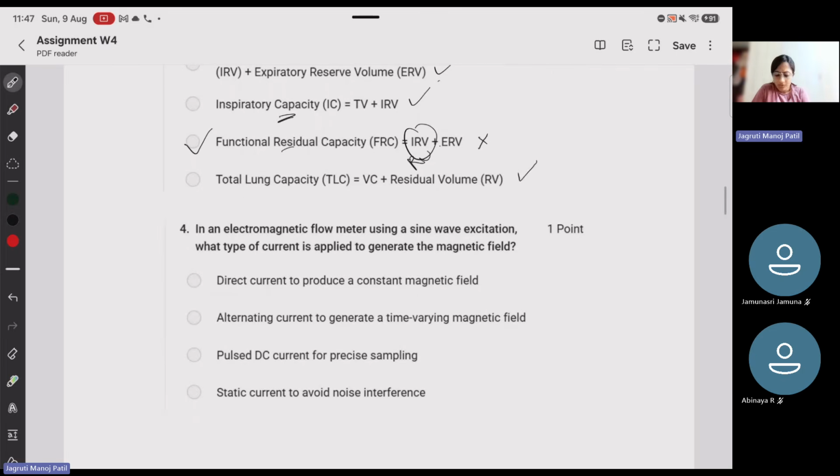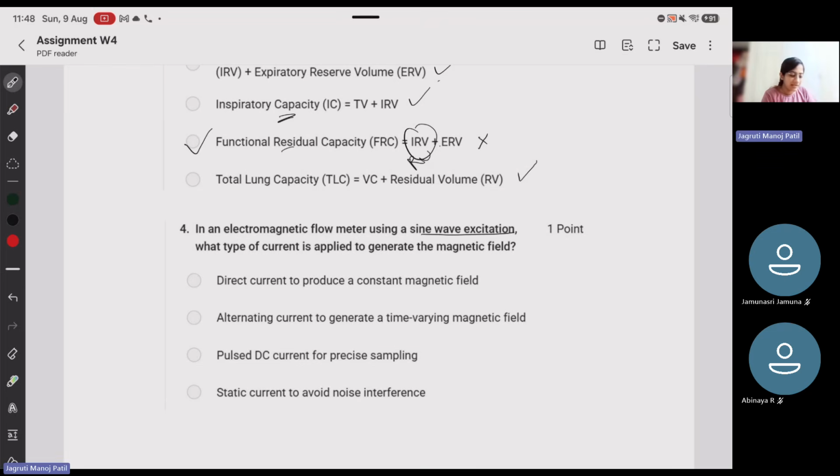Okay. Now, in an electromagnetic flow meter using a sine wave excitation, which type of current am I applying to generate the magnetic field? Is it a direct current, alternating current with a time varying magnetic field, a pulse DC current for precise sampling, or a static current to avoid noise interference? Which one? Any guesses?